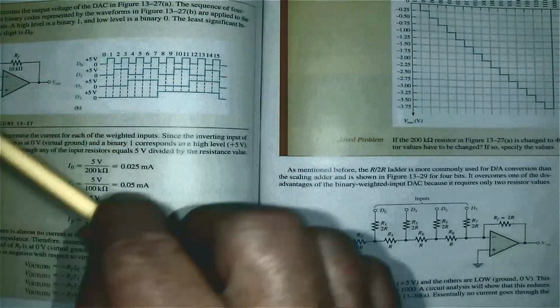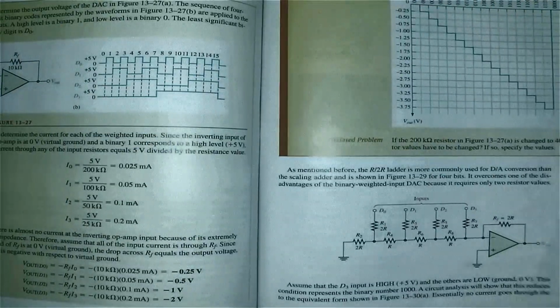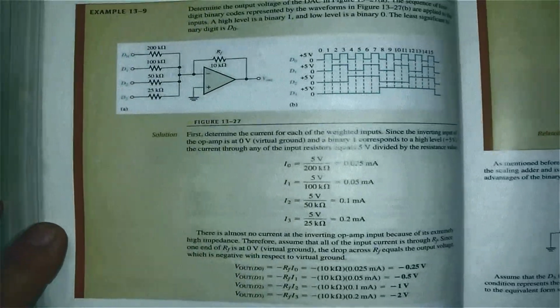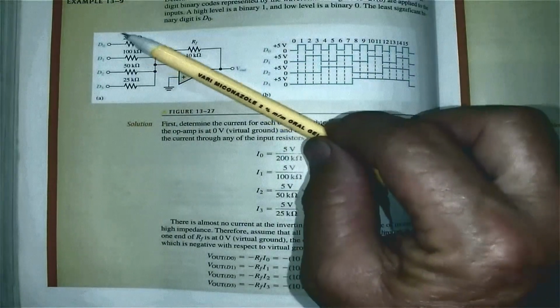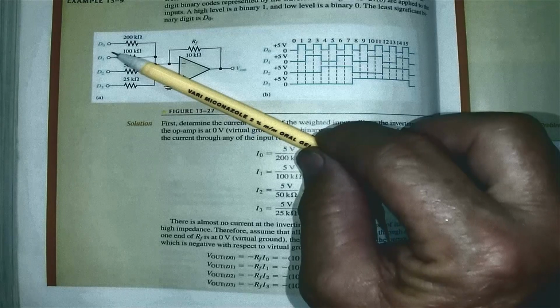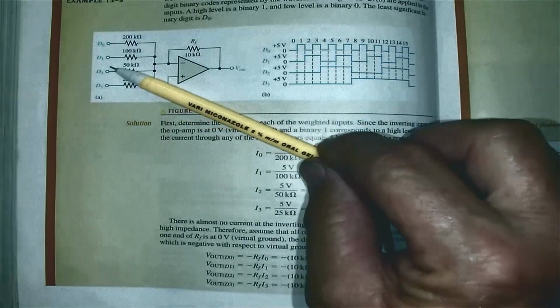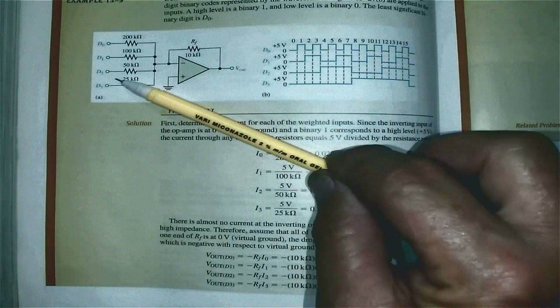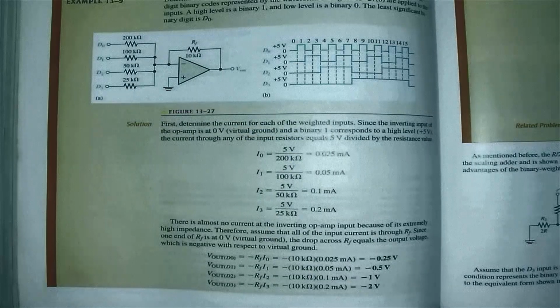Now, if we look at the system like this, 2 to the power 0 is 1. 2 to the power 1 will give me 2. 2 to the power 2 will give me 4. And 2 to the power 3 will give me 8. That means if I add all up here, it will actually give me a total count of 16, and that is called hexadecimal.